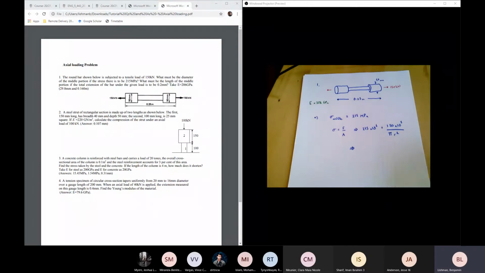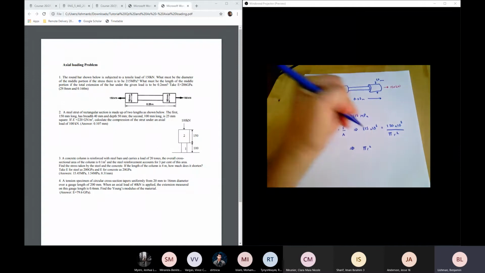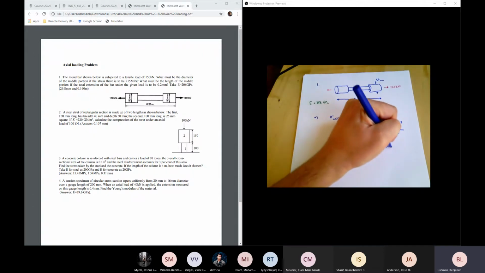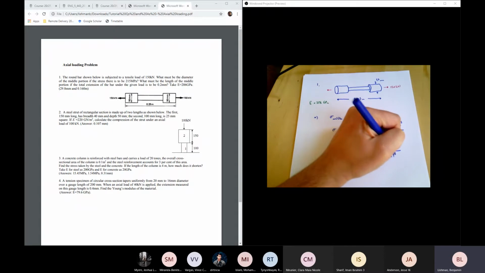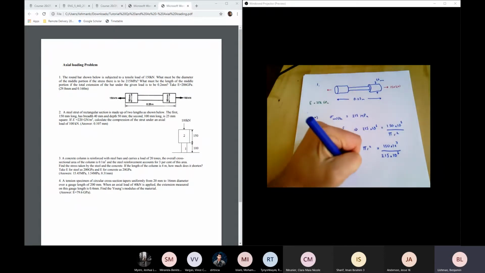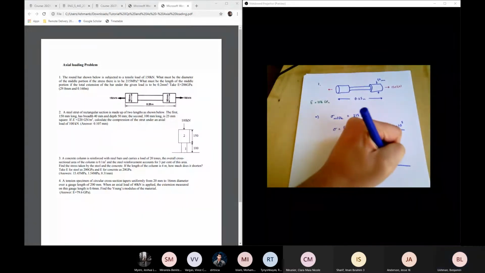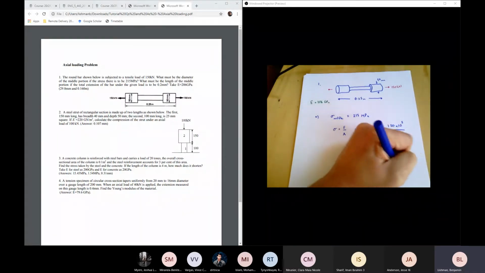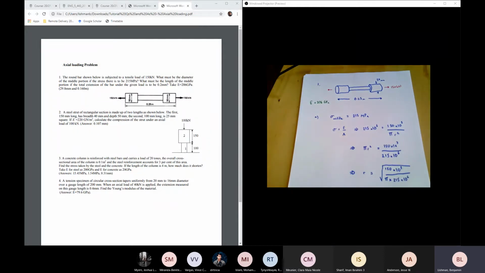If we rearrange, we'll be able to say pi r squared is 150 times 10 to the 3 divided by 215 times 10 to the 6, and therefore r equals the square root of 150 times 10 to the 3 divided by pi times 215 times 10 to the 6.